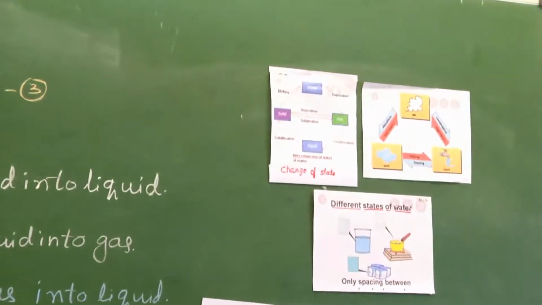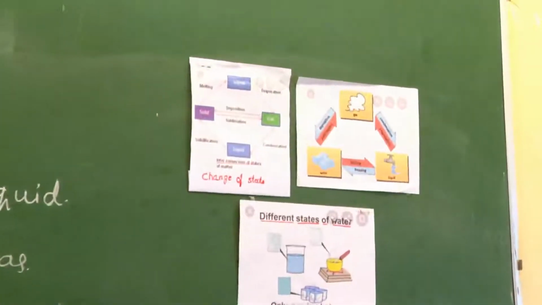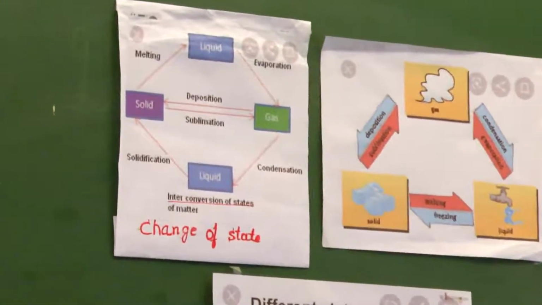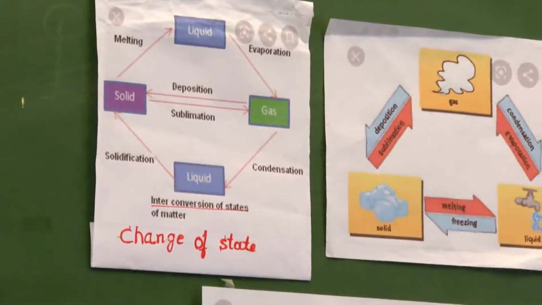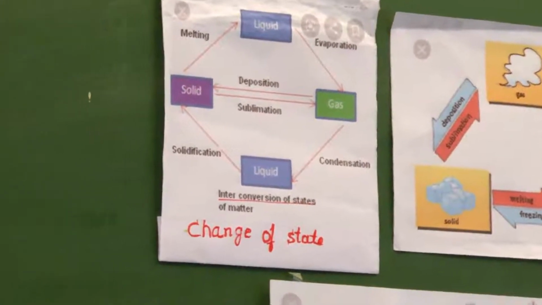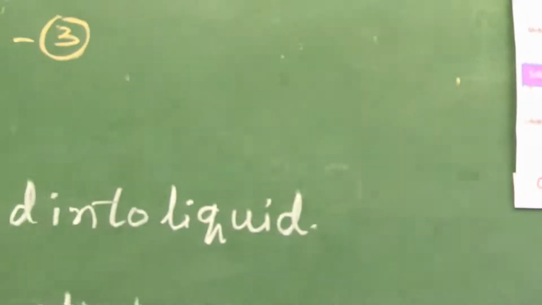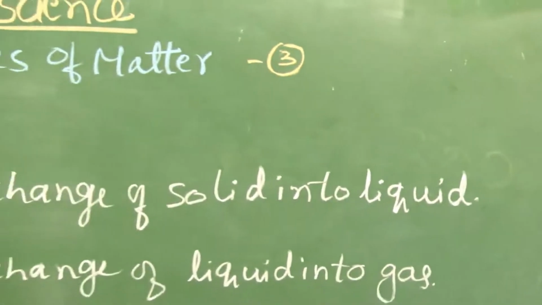And the next one is the conversion of liquid again into solid. That process is called freezing. What is freezing?